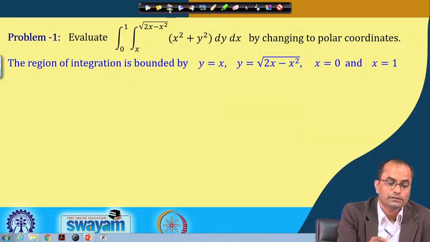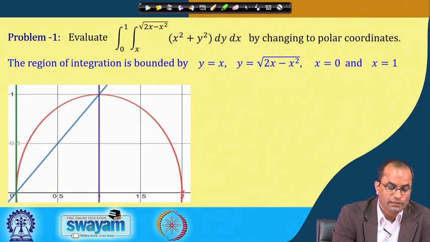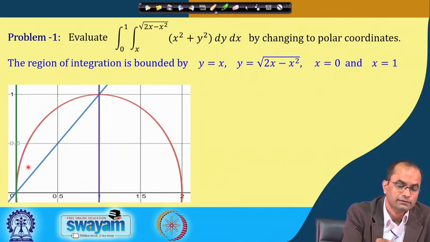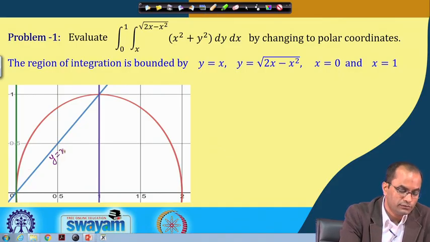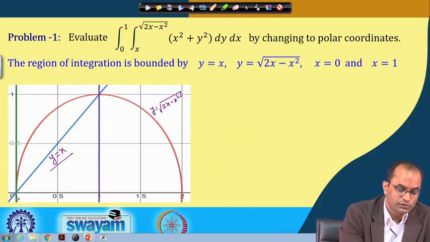So, we can draw this now. This is the circle, the shifted one. The center is at 1 there, and now y is equal to x line. So, this is the line y is equal to x, and we have this circle y is equal to square root of 2x minus x square, and x goes from 0.